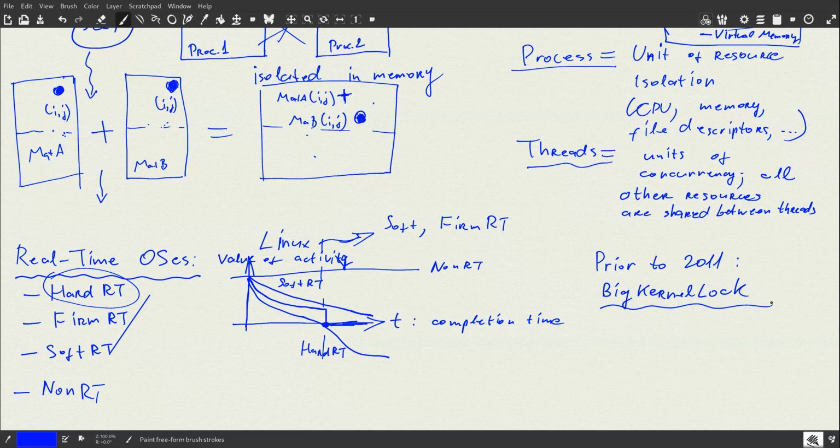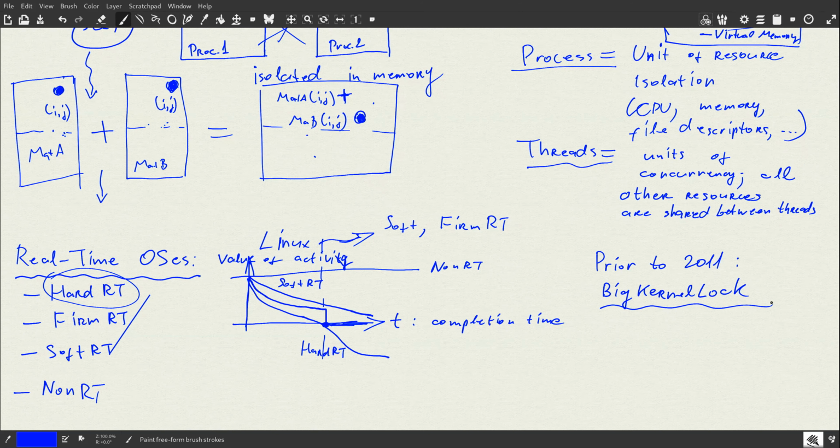So, a single process which does something maybe wrong, maybe unintentional, maybe intentional, could freeze maybe the rest of the system. If many processes and many entities within the kernel use this big kernel lock, then any misbehaving entity, by locking it and failing to unlock it, could freeze the rest of the system. All right. The less it is used, the more we are moving towards a real-time like operation.